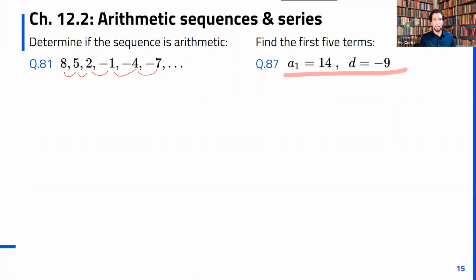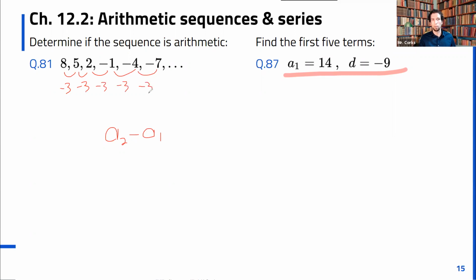From 8 to 5, what's the difference? -3, because we're going down. It's always the second term minus the first term. If we do it in that order, we get -3. 5 to 2, that's -3 again, and 2 to -1, -3.